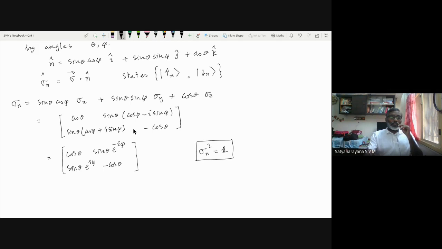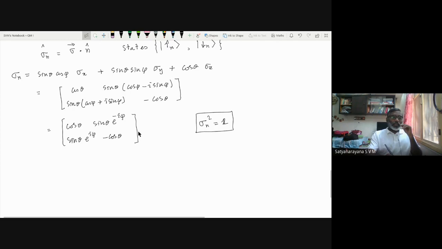So eigenvalues of sigma n square are all 1, which means eigenvalues of sigma n have to be plus minus 1. So suppose I ask what is the eigenvector corresponding to plus 1.